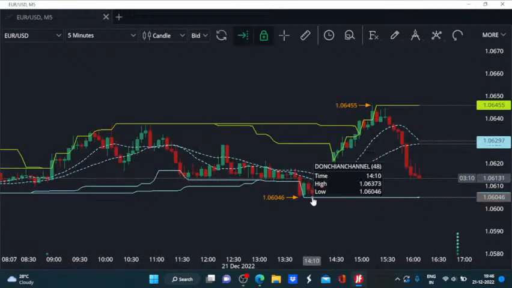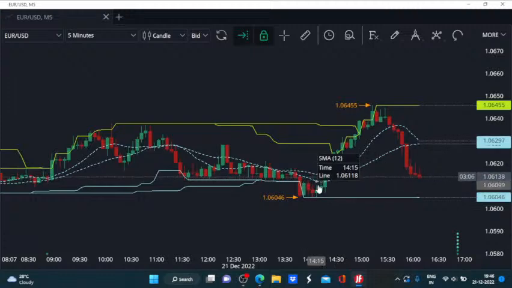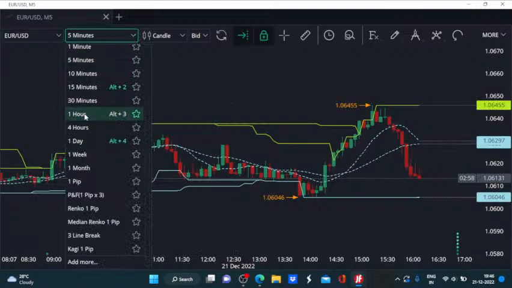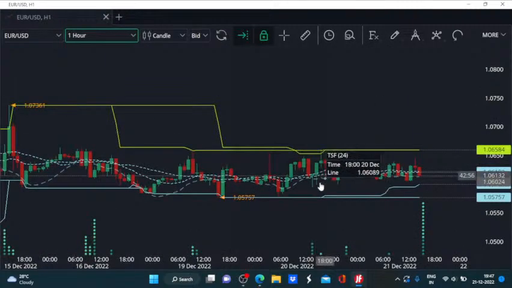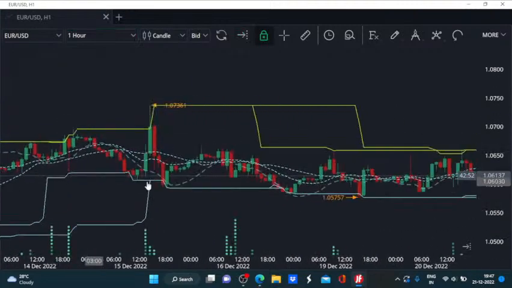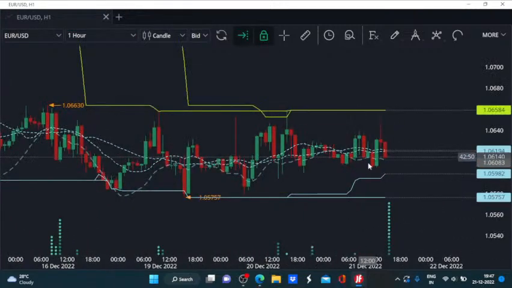Again, it found support closer to this critical support and bounced from there by around 40-45 pips, but it wasn't really able to sustain as it has resistance also in play on the higher side. So this range which has been holding for the last couple of sessions is in play today as well. So we saw the Euro USD moving in its predefined range. Not much of a surprise there.